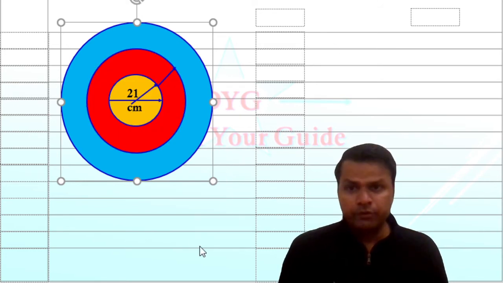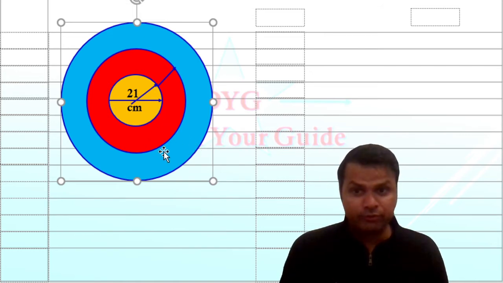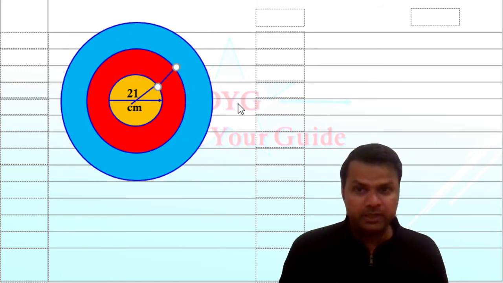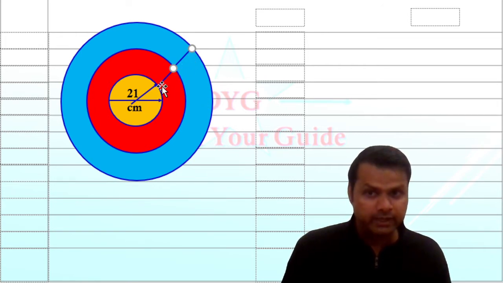Okay. Now, if you see this one, again, let's go back to the question. In the question, they said that for every scoring band that we have, the width is 10.5. That means I can again extend here and see that to get the radius of this bigger circle, I can add 10.5 to this radius.